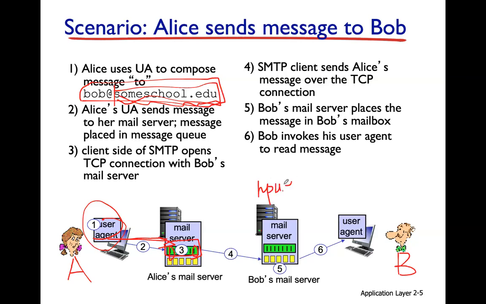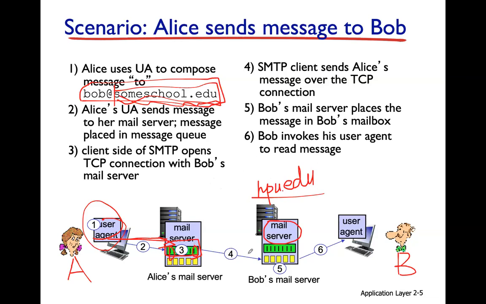Okay, so I will connect to the mail server. Make sure this one is not www, okay? I don't put www there. So this is not the web server. This is the mail server, the hpu.edu mail server, so mail.hpu.edu.